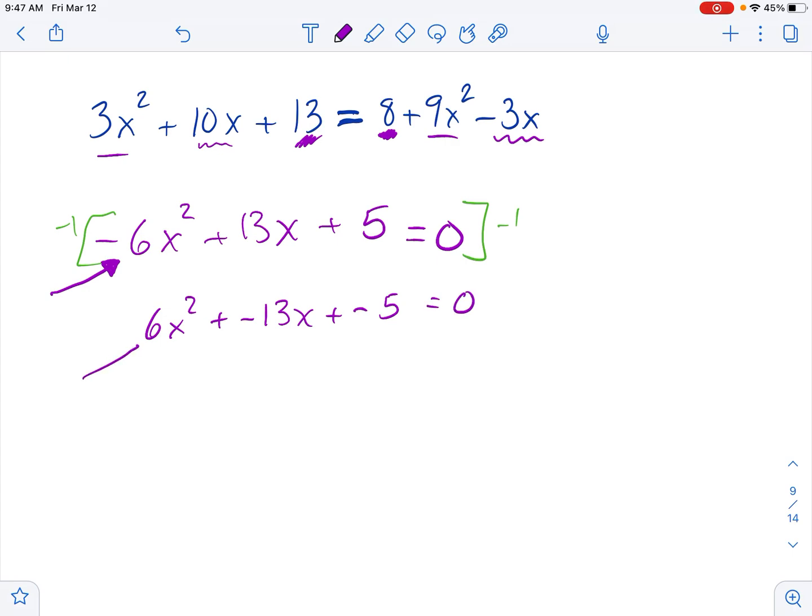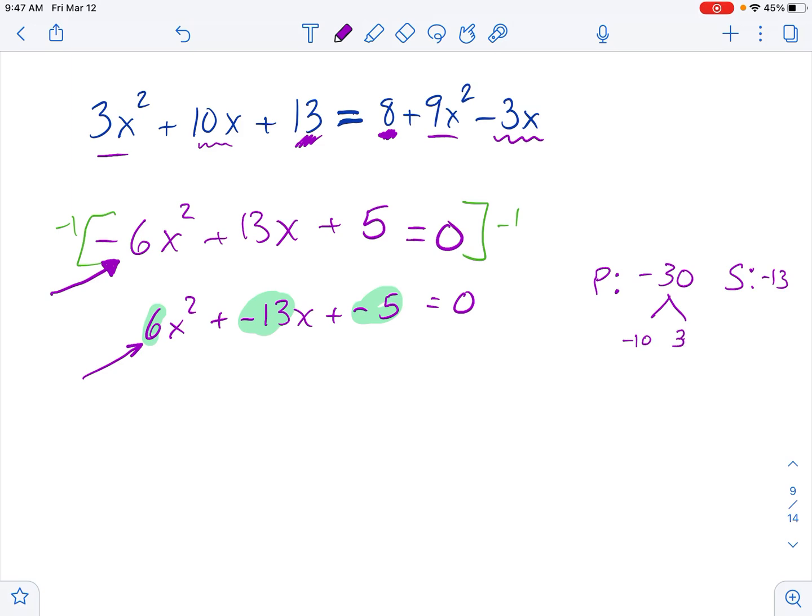Okay, so now I'm looking at this. At least I have a positive coefficient. There's no GCF. Ugh, I have to do the product-sum technique. That's okay. I can handle that. So I look at my 6 and my -5, and that's my product of -30. My sum is -13. So what factors of -30 will give me -13?